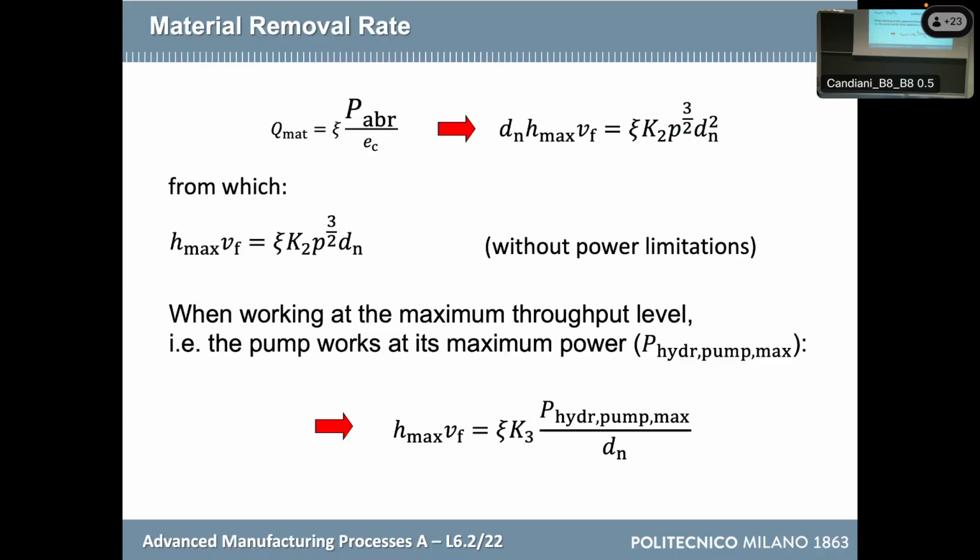On the right, we have the source of the power, and in fact, you see that we are putting there just the effect of the parameters. So this is the well-known effect that we have already commented. So P elevated at 1.5 and D elevated at 2. Then there is the efficiency, C, and there is also K2, which is collecting all the constants.